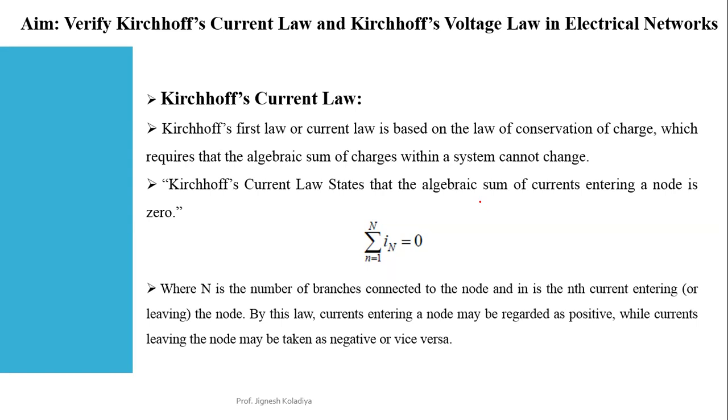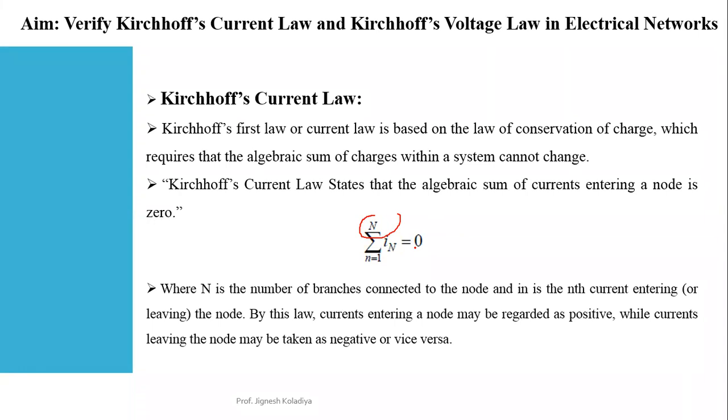Kirchhoff's current law, or KCL, is given by the summation of In, where n is the number of branches and In is the current passing through each branch.